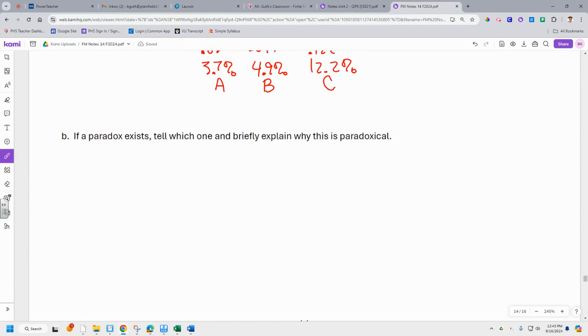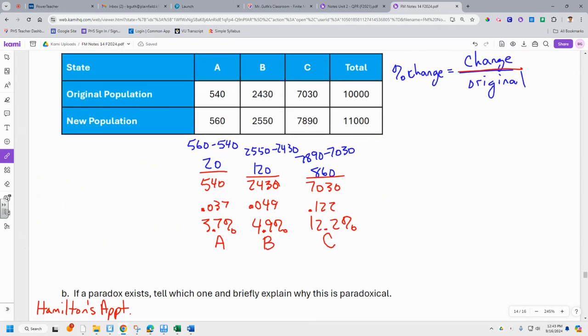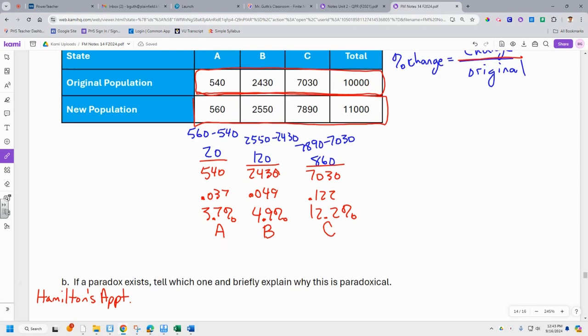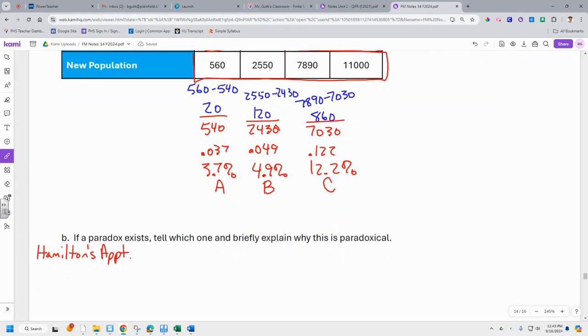So if a paradox exists, tell which one and briefly explain why this is paradoxical. Well, we're going to have to find Hamilton's apportionment. But remember, we changed the numbers, right? The one that they did for us was with 10,000, but now we're increasing to 11,000. So we've got to start over, but we've got to use those numbers with the 11,000.